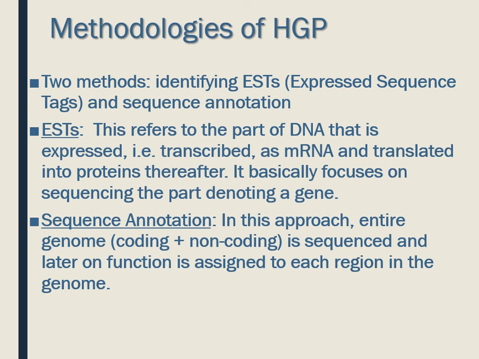Second is sequence annotation. This approach was to simply sequence the whole genome, including all the coding and non-coding sequences, and later assign functions to different regions in the sequence.